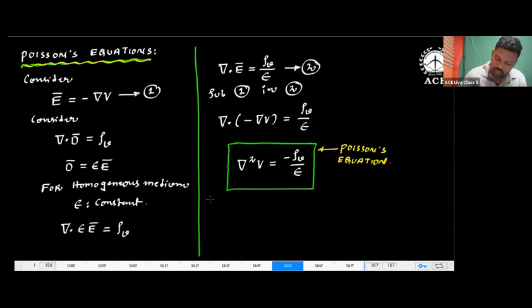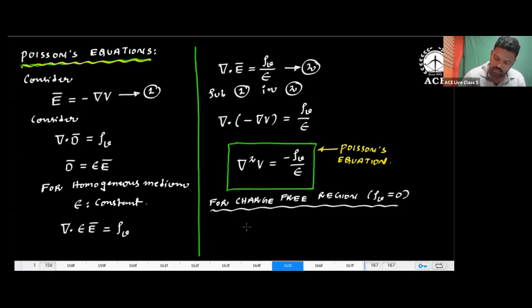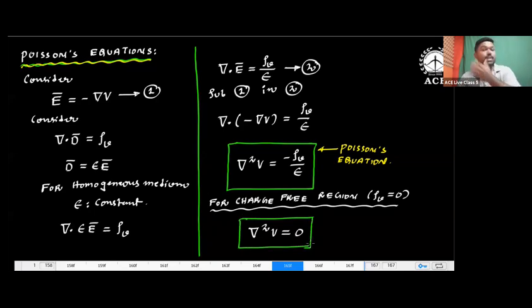For a charge free region, rho V is equal to 0, then this equation will be modified as del square V is equal to 0, beta. This is called Laplacian equation.